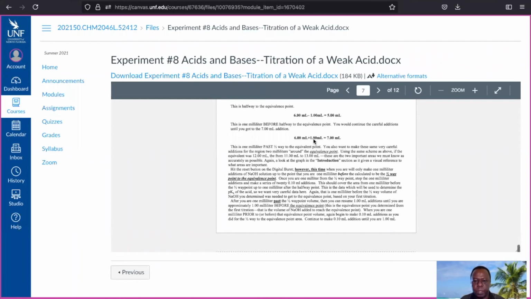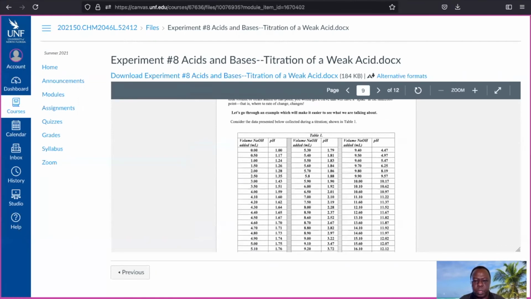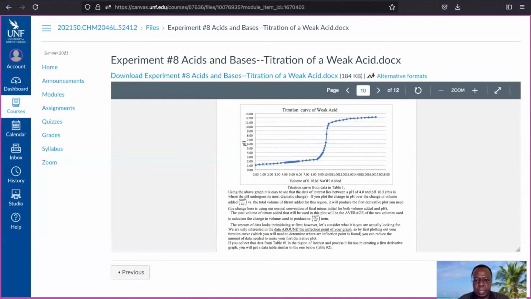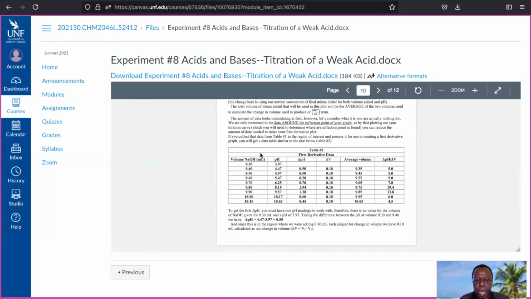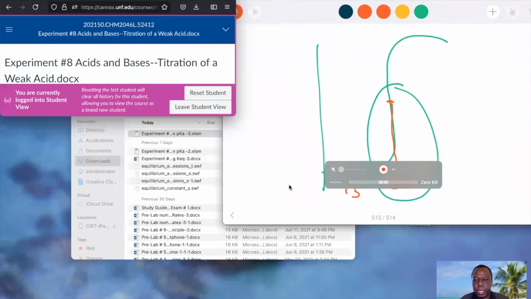Once you have the equivalent point, you'll generate the derivative curve to find it. So this graph right here is determined from the equivalent point, and in this case, you'll have to use the pH around the equivalent point. This means you only have to use this region right here. This is the point where you will use to generate the second derivative.